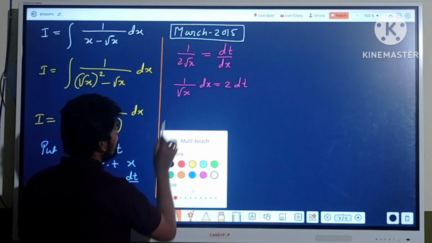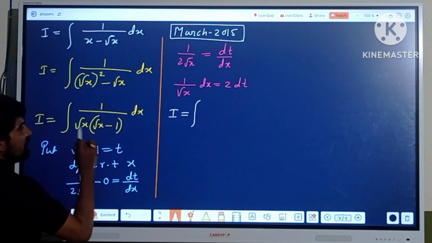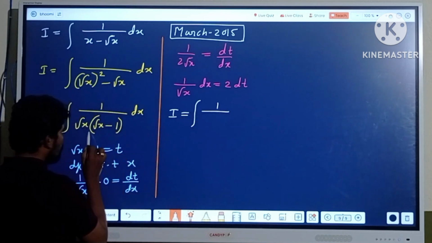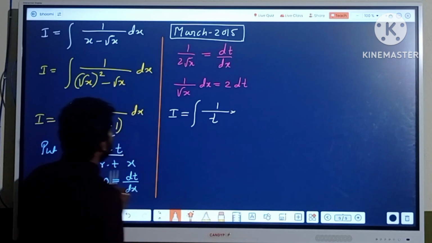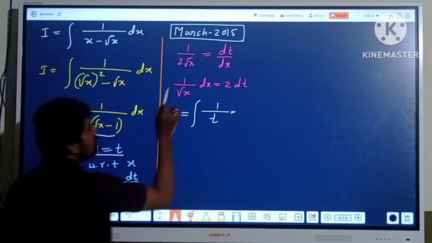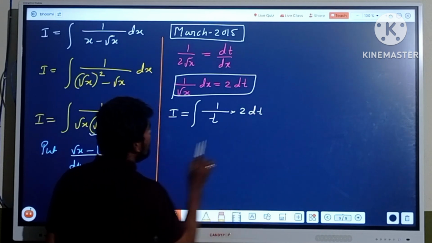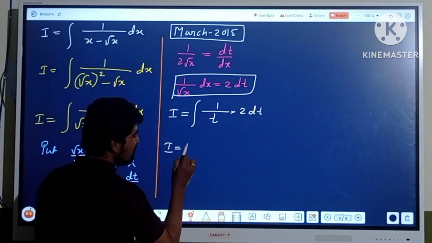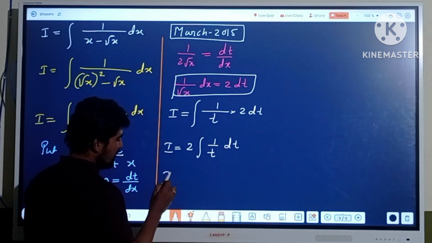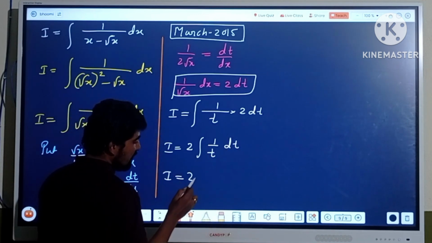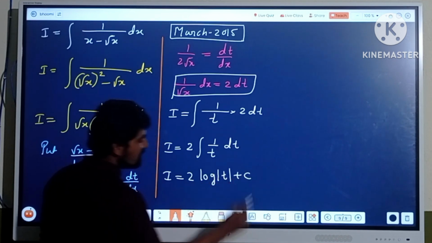Now by using this substitution, the integral I is equal to the integration of 1 divided by root x minus 1, which is t, into 1 by root x dx, which is 2 into dt. Again, I is equal to 2, a constant taken outside, integration of 1 by t dt. Therefore, I is equal to 2 into the integration of 1 by t, which is log t, plus the integral constant c.